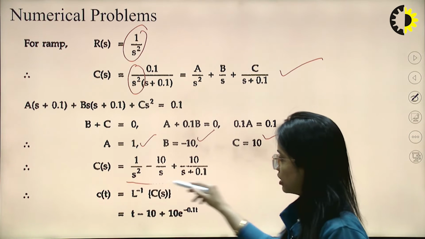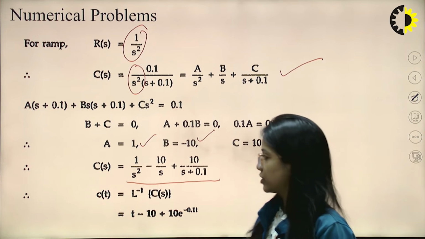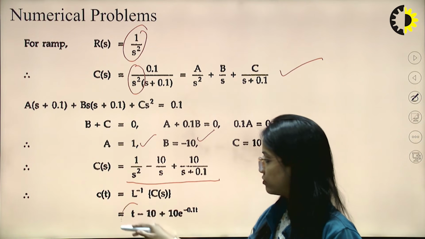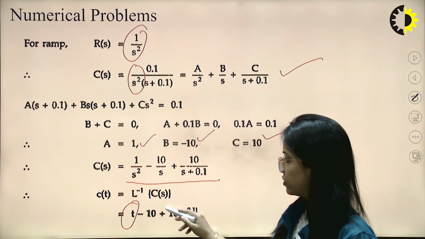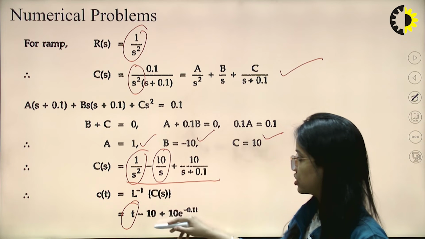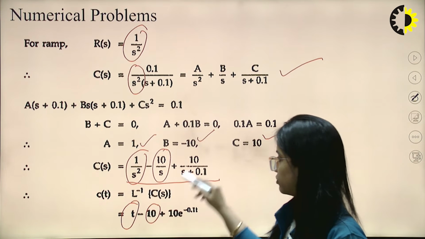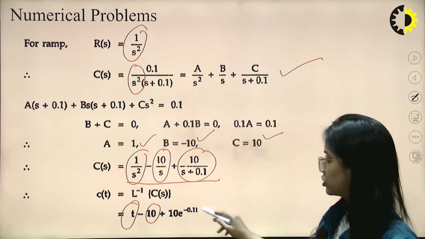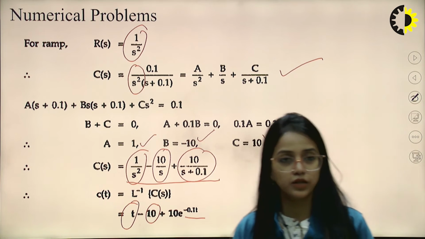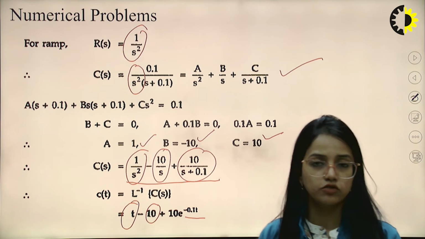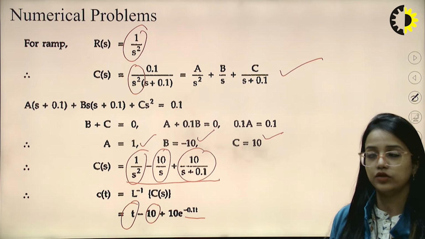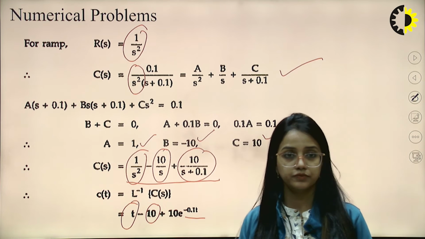Then we take the inverse Laplace. For this term we will get t, for this term we will get just 1, and for this term we will get e raised to the power 0.1 t. So this is the kind of question we generally get from time response analysis.